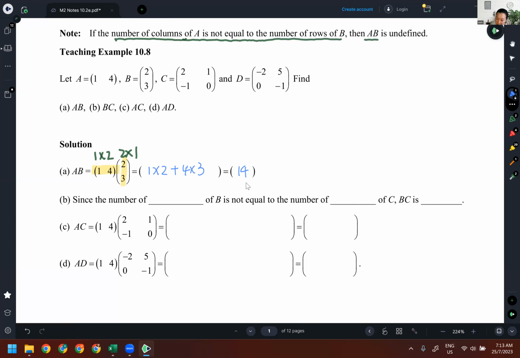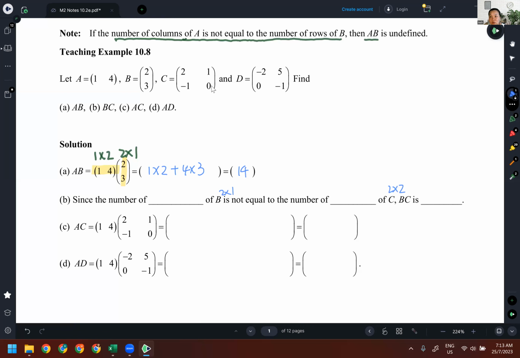Okay. For the second multiplication, B times C. B is 2 by 1. C is 2 by 2.